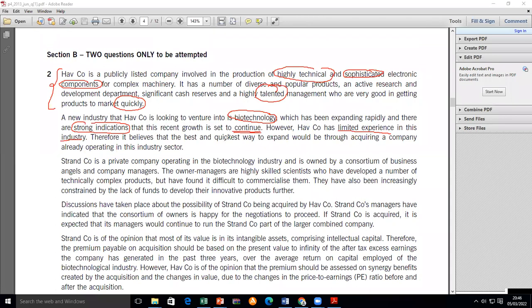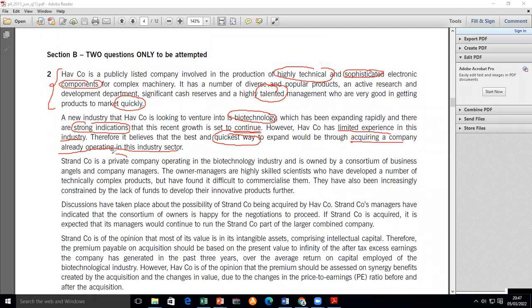Therefore, it believes that the best and quickest way to expand would be through acquiring a company already operating in this industry. And that's what we learned, isn't it? The quickest way to grow your business is to acquire a company which is already in the industry. I'm sure you remember that.